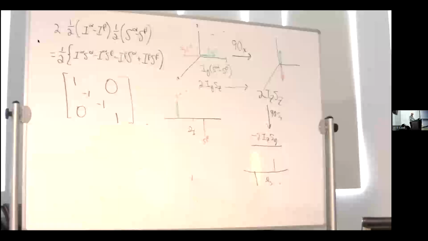Could you talk about question 9? It's like the pulse that will transform something into something else. Oh, good, that's my favorite one. There are 2 in that I couldn't think of a single pulse for. So let's do the easy ones first. For example, what takes Ix to minus Ix?